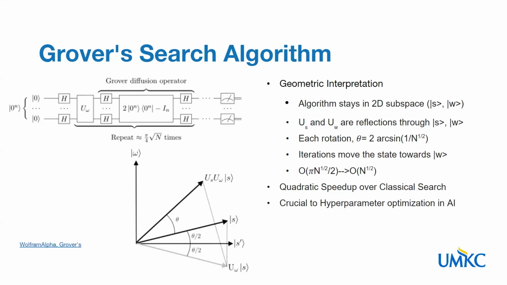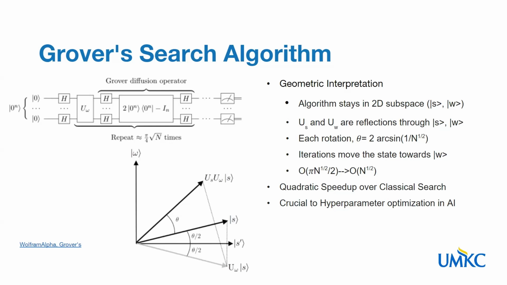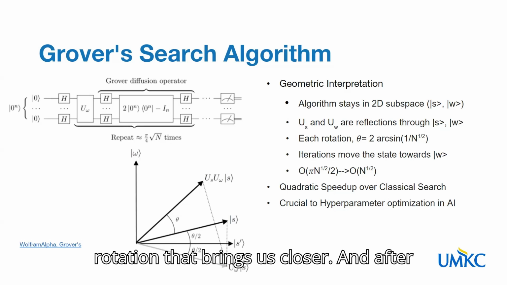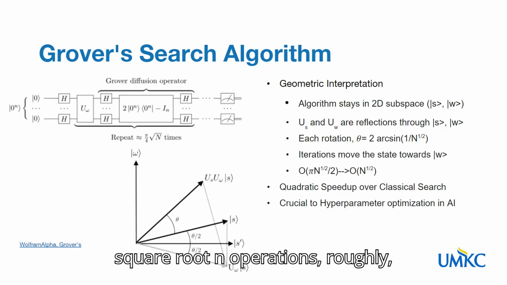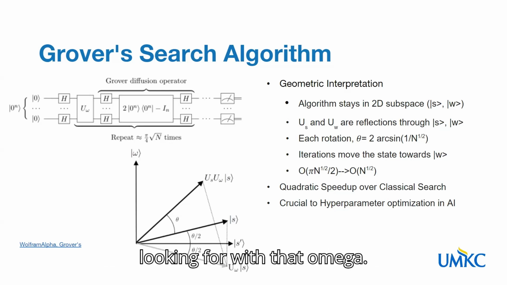Basically, we rotate the phase of the desired one by half of theta, and then we perform a rotation that brings us closer. After roughly square root of n operations, we will actually align the S with that omega.